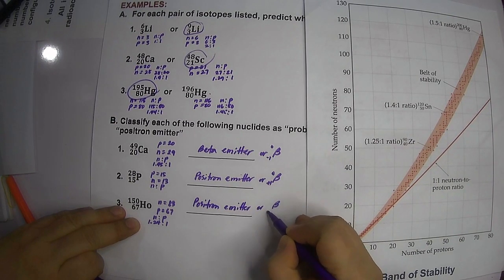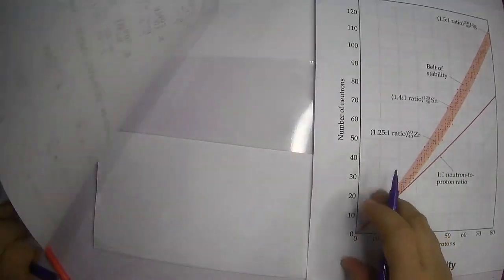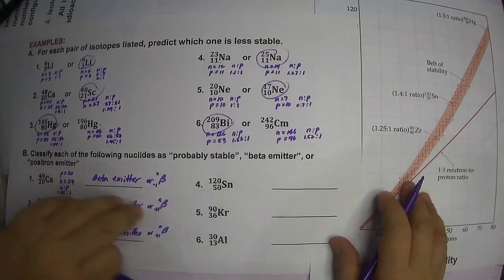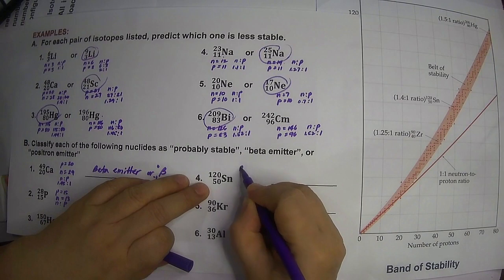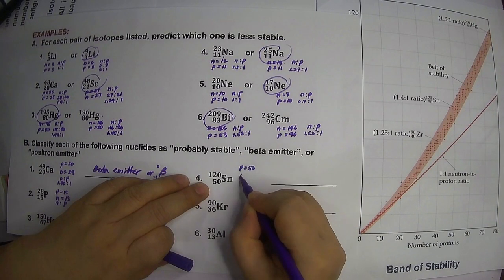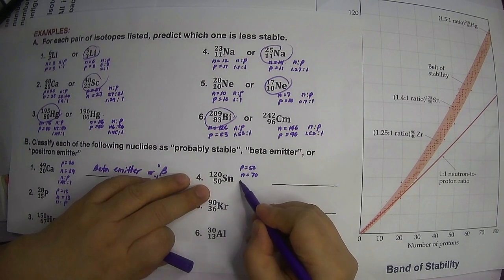Or positive beta. Okay, moving on to the next number, we have tin-120. So the proton number is 50, the neutron number is 70. So we have the neutron to proton ratio.